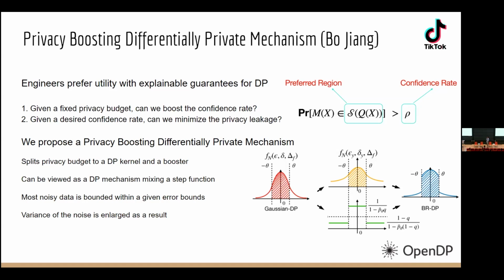So basically, it's boosting the likelihood of generating the noisy data within the preferred utility range, while decreasing the likelihood outside this range. And we do some privacy analysis using privacy loss distribution and find out that the PLD is nothing but a linear combination of the PLD of the DP and the step function.